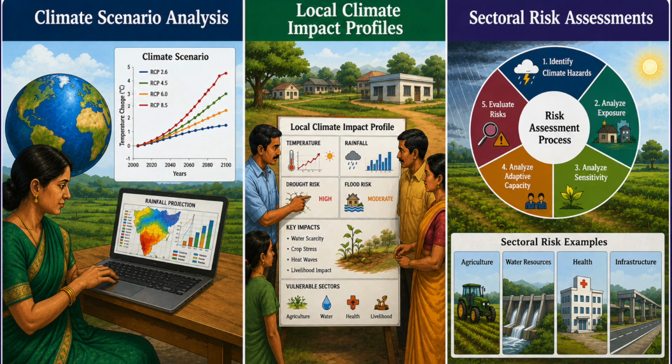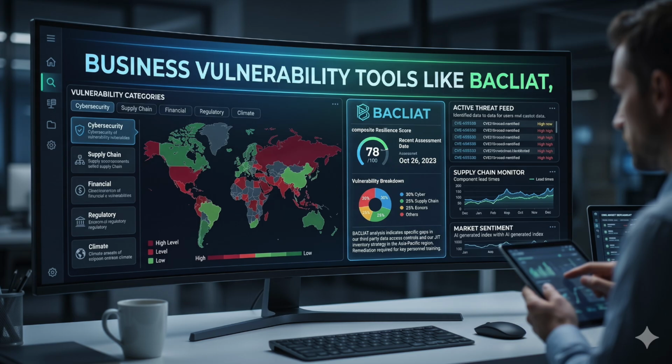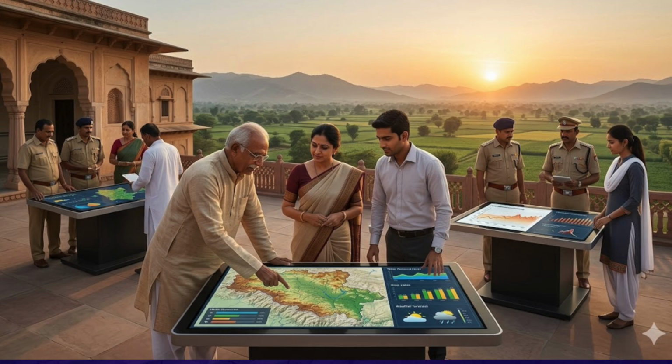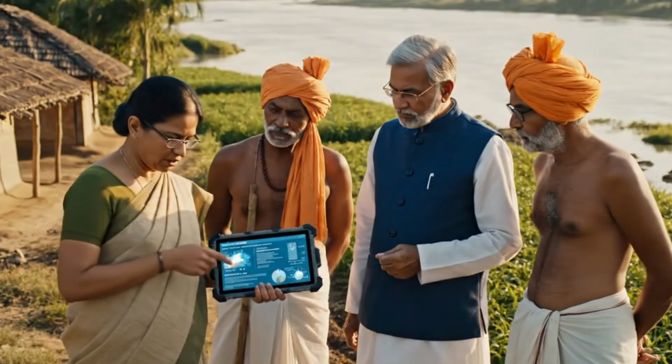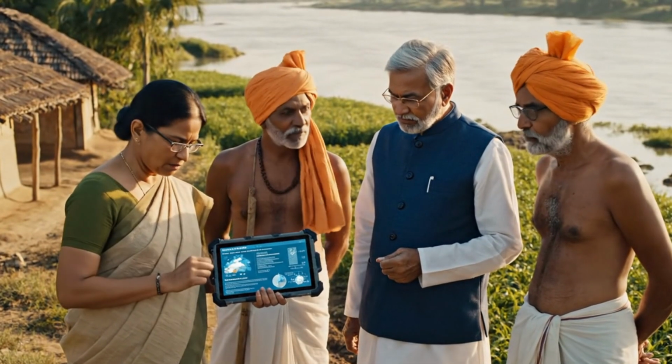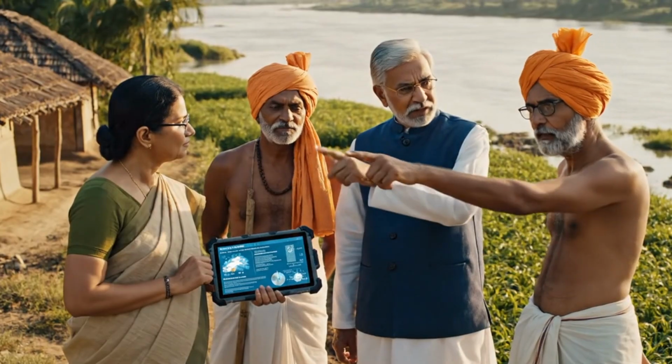Tools like climate scenario analysis, local climate impact profiles, sectoral risk assessments, and business vulnerability tools like BACLI-80 help adaptive capacity by giving decision makers at all levels, from national ministries to local authorities and communities, easy access to information.